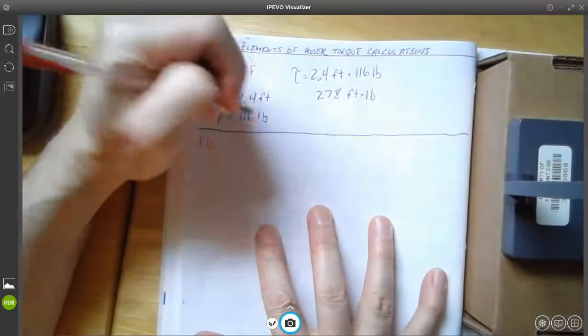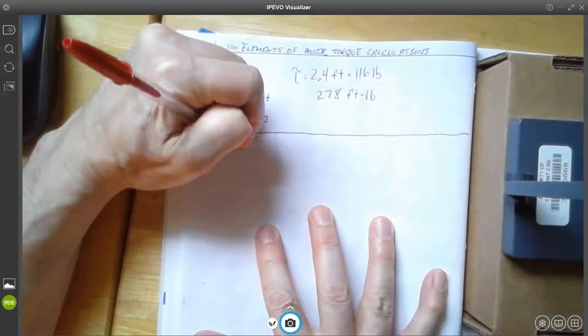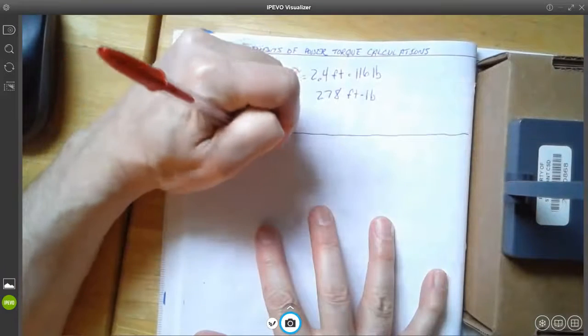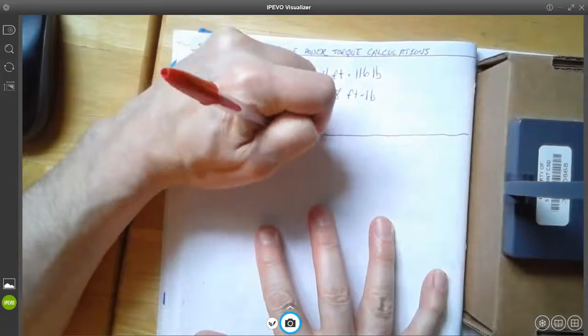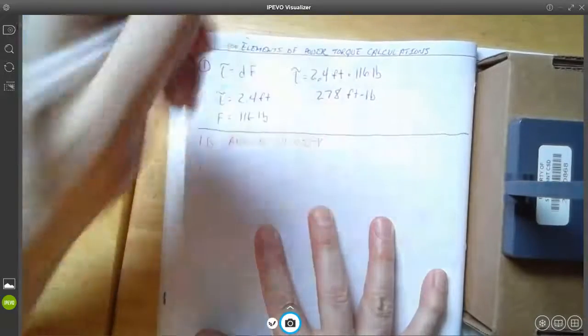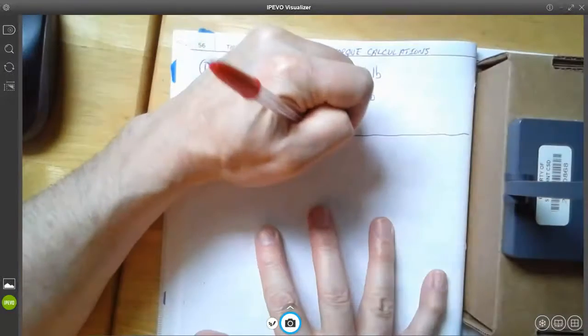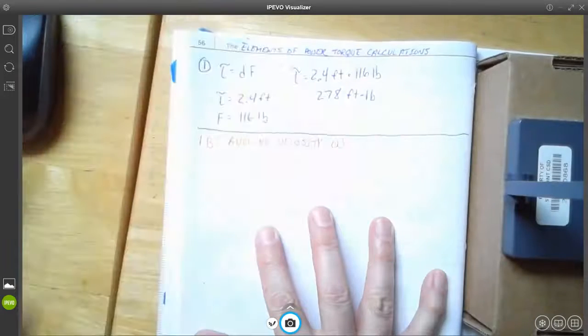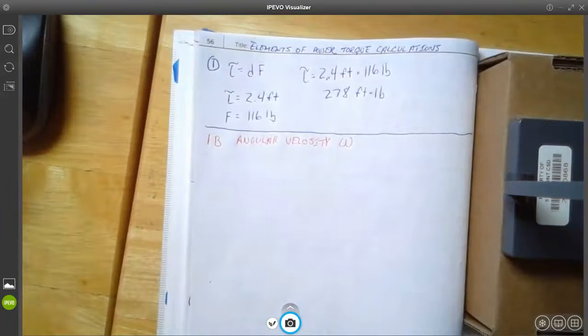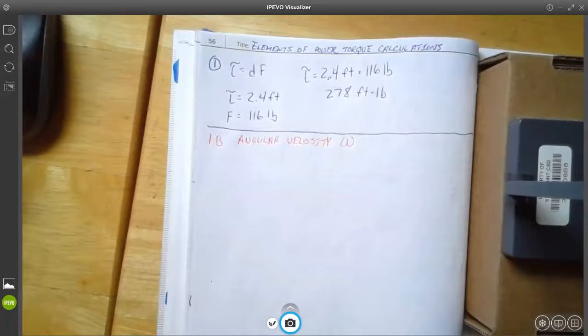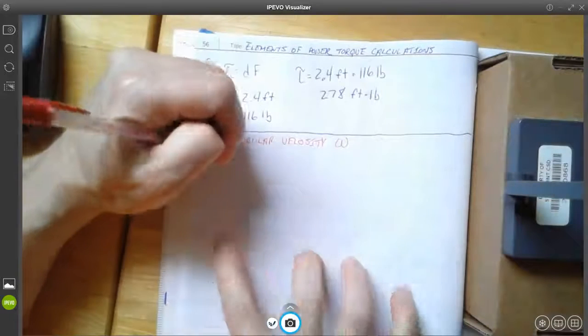I'm going to write this down. The symbol is omega, W. I don't know how else to say it, but that is angular velocity, not work. I'm going to take the 42 RPMs.